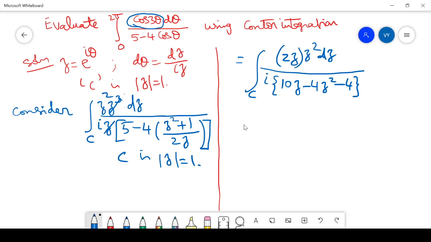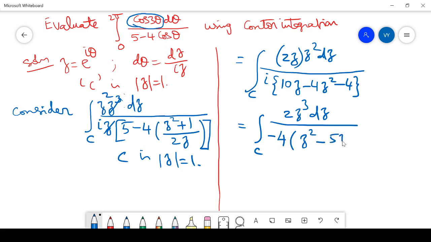So now I will have the integral over C of 2z cube dz by, removing this minus 4 outside, z squared minus 5z by 2 plus 1. And this 2 and 4 get cancelled, giving you 2 in the denominator.